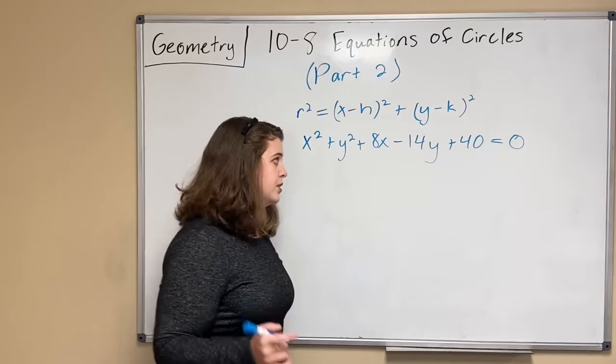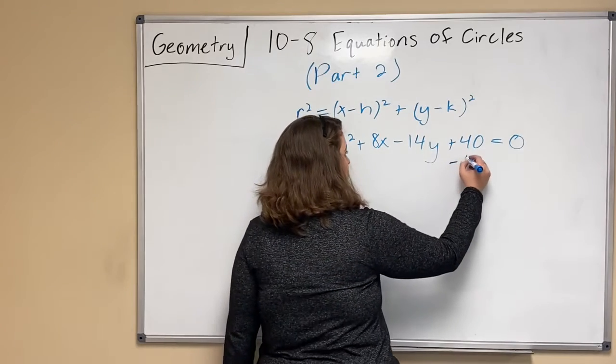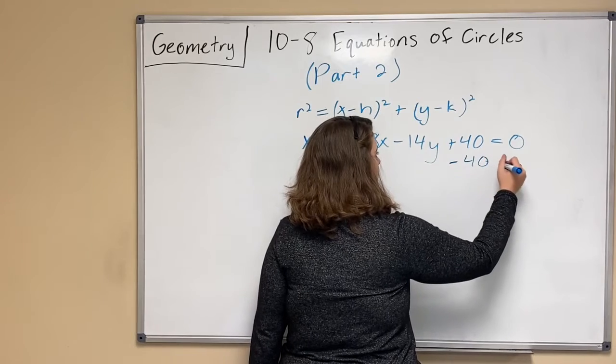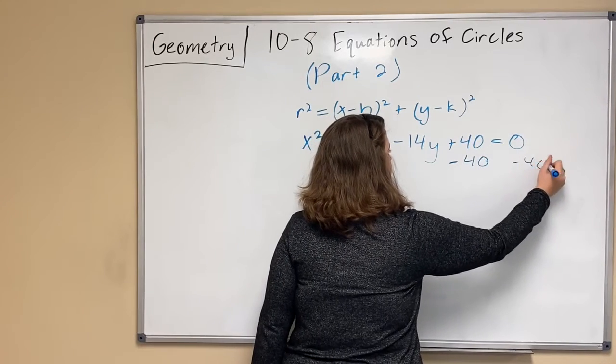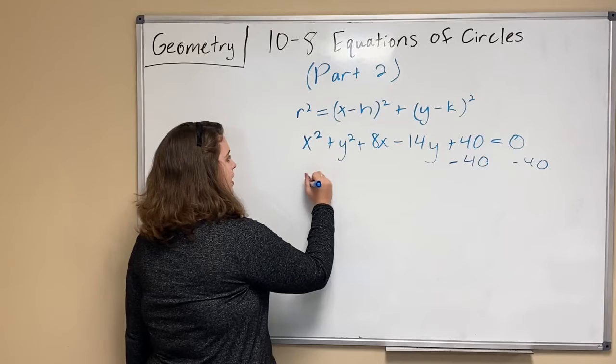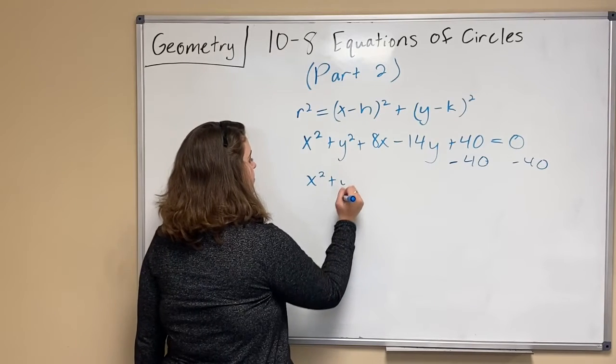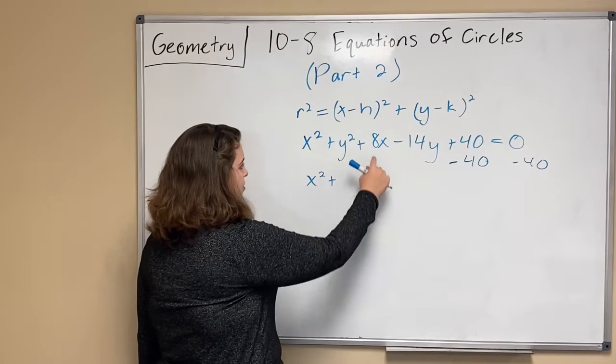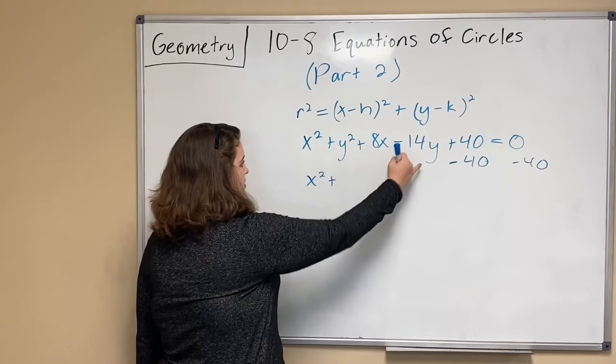So the first thing we're going to do is subtract 40 from both sides so that I get just my x's and y's over here. Minus 40, minus 40. As I rewrite it, I'm going to group together my x's and my y's.